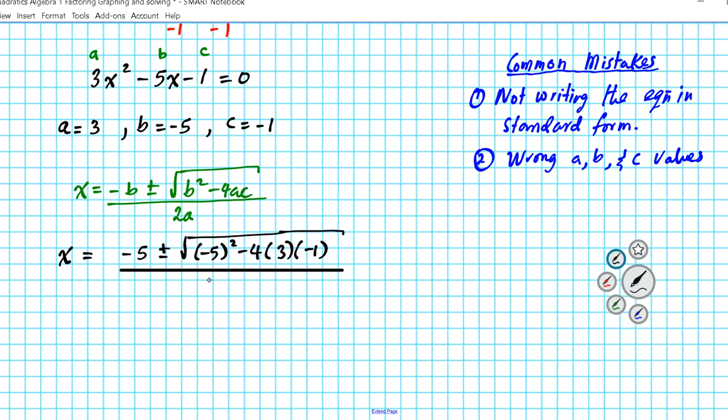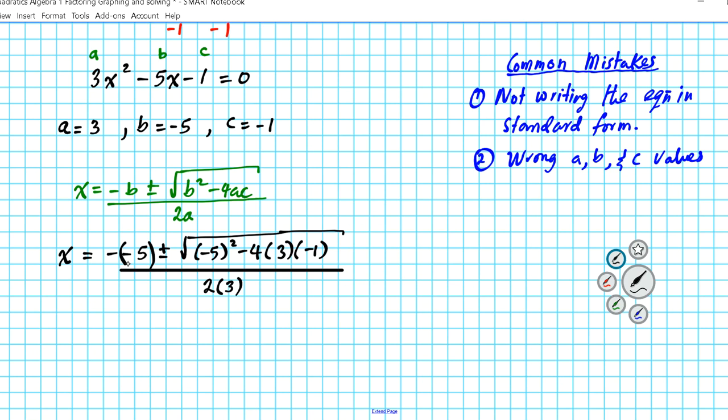Do you see the mistake that I made in this problem? The mistake here is it's -b, but since b is negative, I said, oh, I'll just write a negative here. Well, that's incorrect. Whenever you're making substitutions, especially when you're substituting a negative number, always use a parenthesis. So you have a parenthesis and there's a negative here.